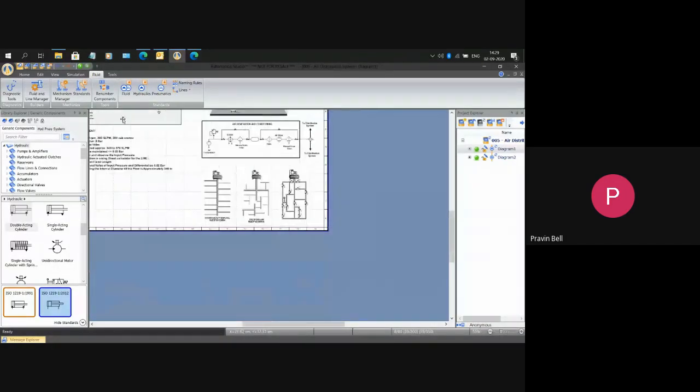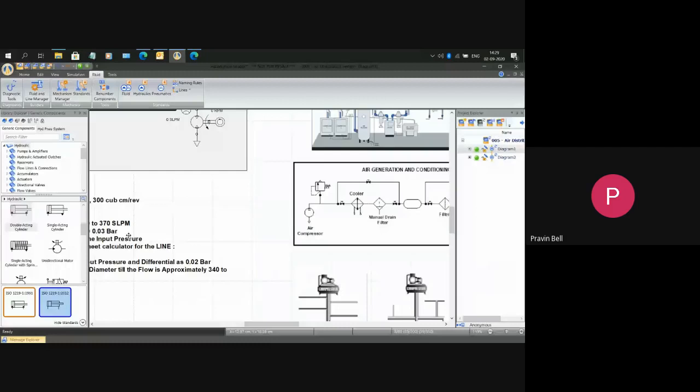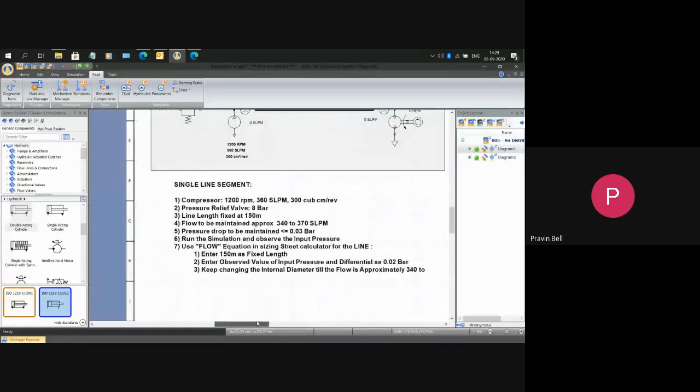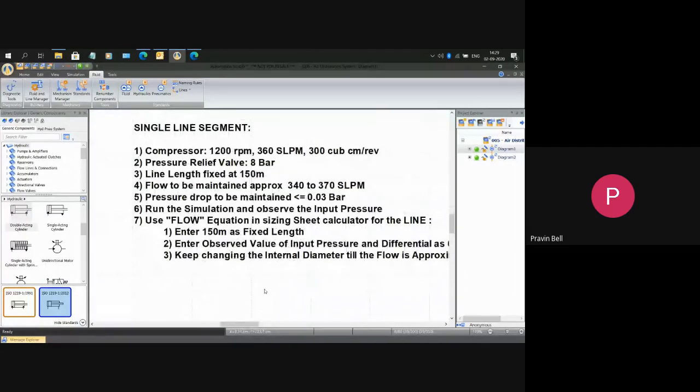So how do we design this in Automation Studio? So if you go to your textbooks, I've seen typically people are following textbooks such as Anthony Esposito or Majumdar. These are typically used in India, I have seen. And this practical is not there in Esposito, but Majumdar textbook has got this thing of air distribution system, air preparation. So if you see, these parameters are very well defined.